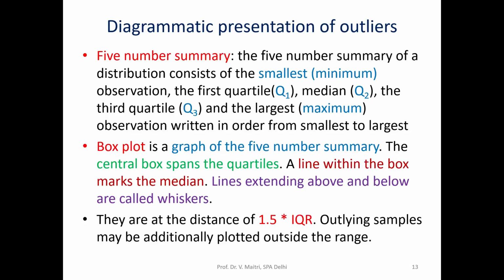So we draw a box plot for the distribution as per the 5-number summary, and the central box spans the quartiles, and the line within the box gives us the median, and the lines extended above and below are called whiskers, and they are at a distance of 1.5 times the interquartile range, and the samples which you have are put on this box plot.